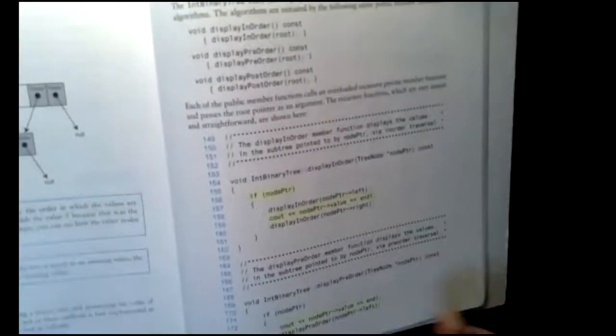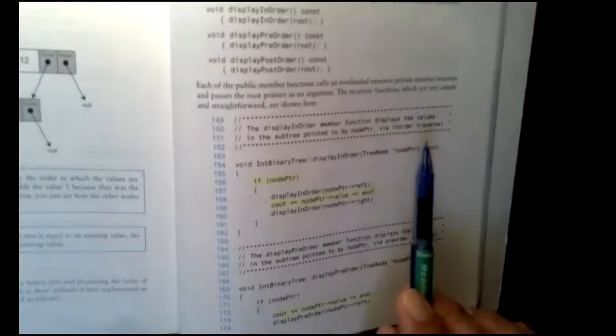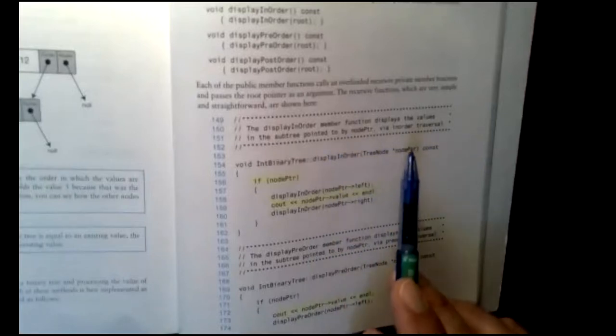Display in order. Now this is taking recursion to a different level, because while one recursion is running, you're calling another recursion, and it's calling another recursion, and a whole bunch of recursions are happening at once, and then they all back out of each other. Taking a look at in order, it has a node.